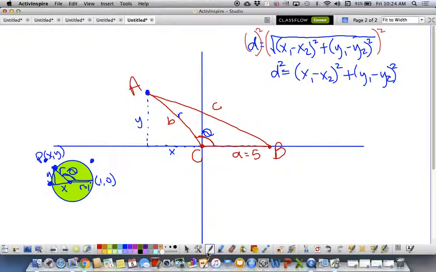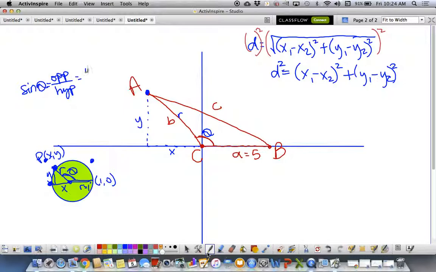Okay, let's go back to sine theta equals what? Opposite over hypotenuse. In this triangle, what is my opposite?